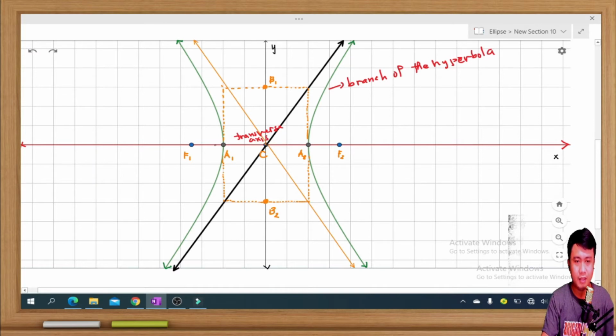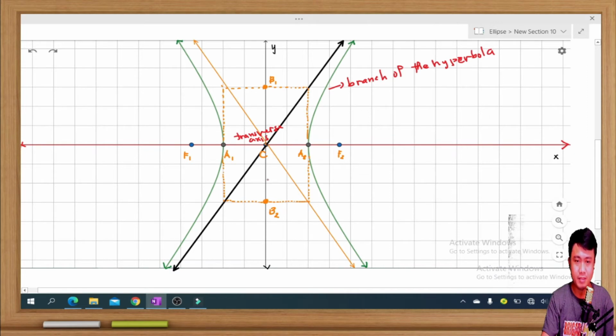Laging tatandaan, ang transverse axis, nandito yung ating mga vertices. Okay? And meron din tayong another axis. Kung sa ellipse, meron tayong minor axis. Sa hyperbola, meron din tayong tinatawag na conjugate axis.